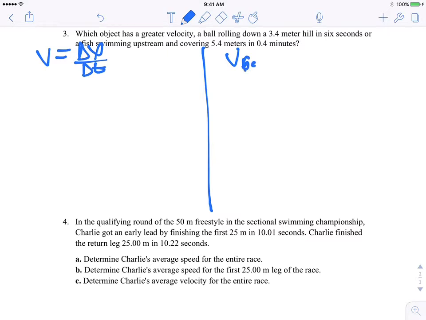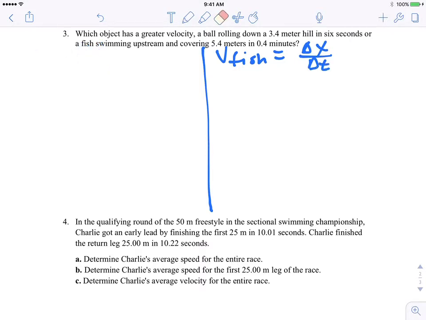Velocity for the fish is equal to delta x over delta t, and then velocity for the ball is delta x over delta t. Same equation, variables will be different.